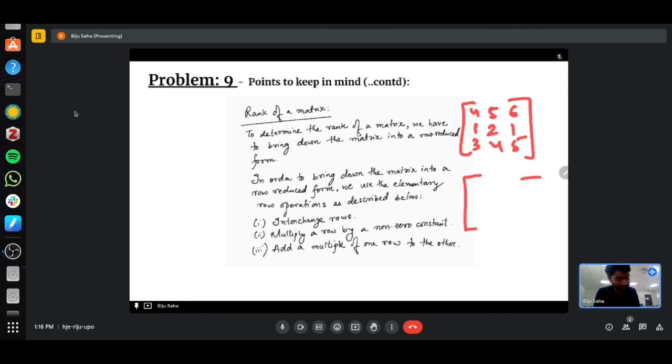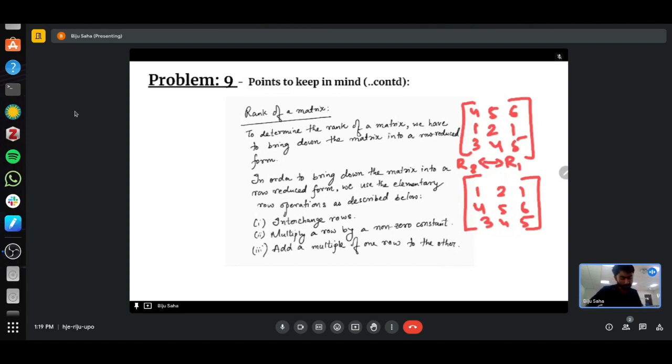You can interchange the rows. So you can interchange R2 with R1. The second row will go to the first place and vice versa, and the third row remains as it is. So I have performed a row interchange.